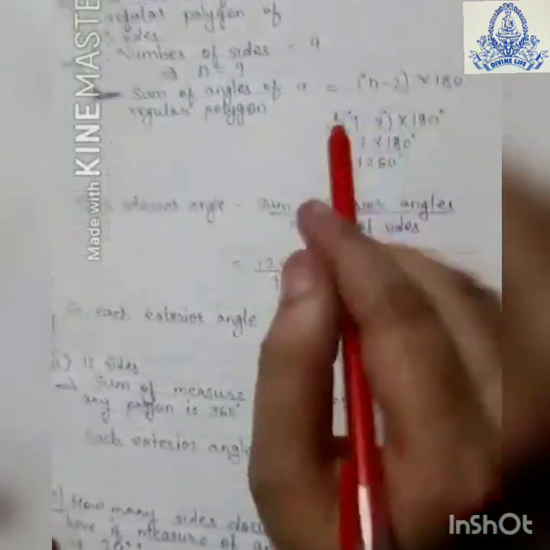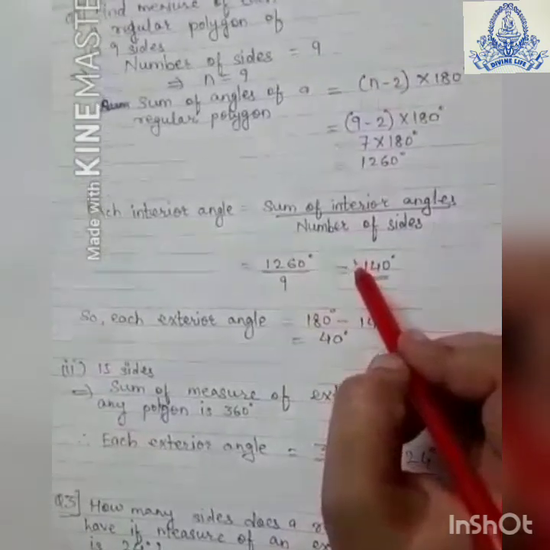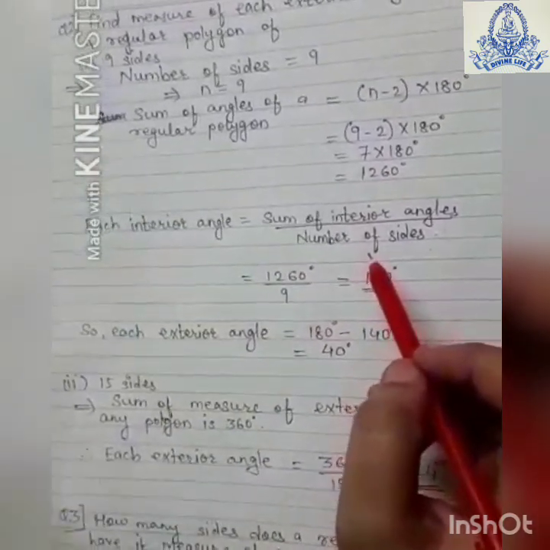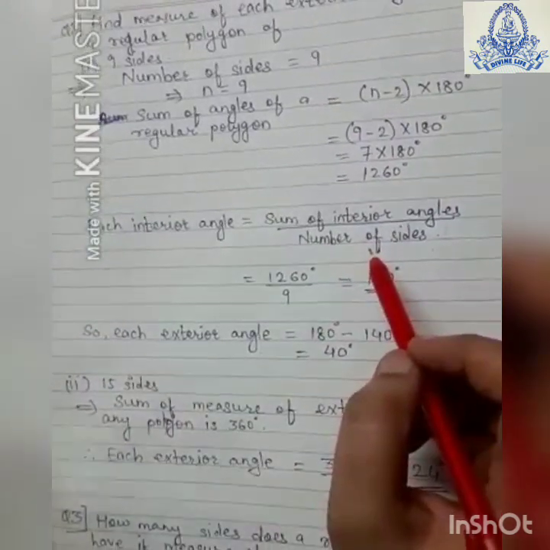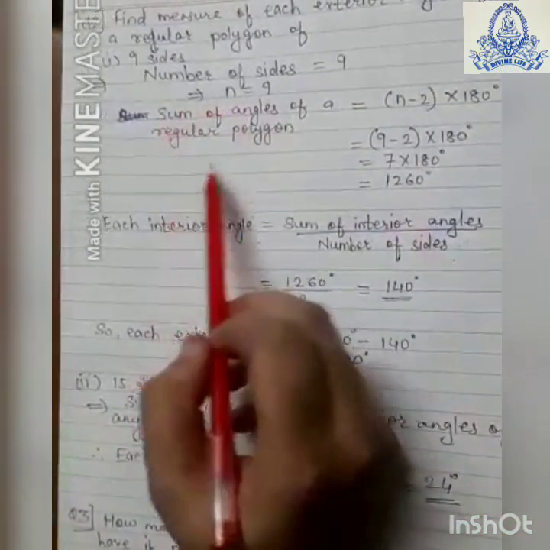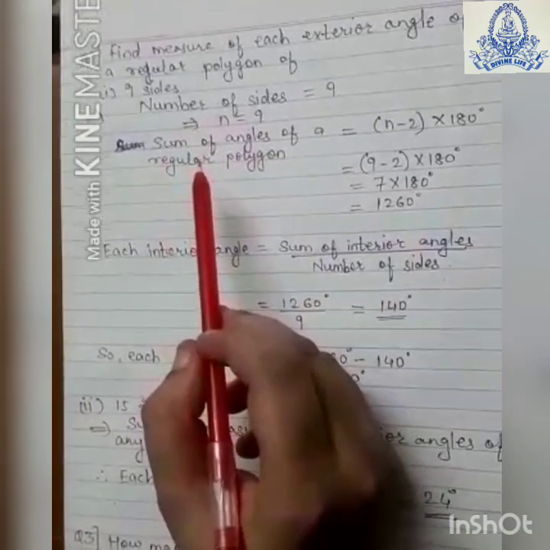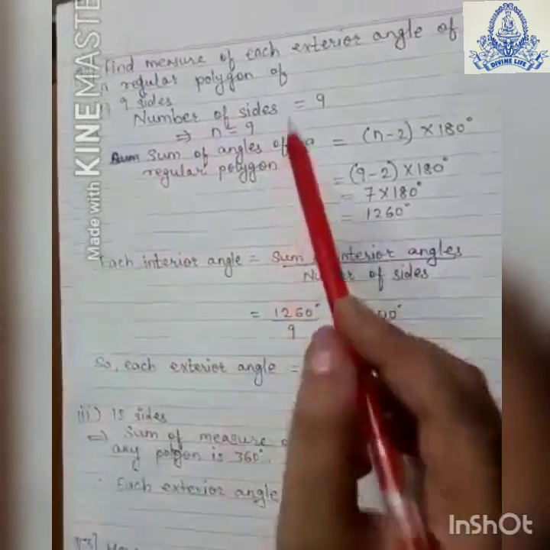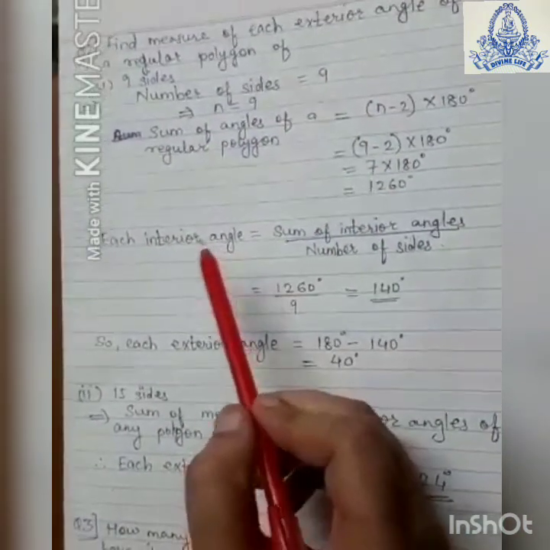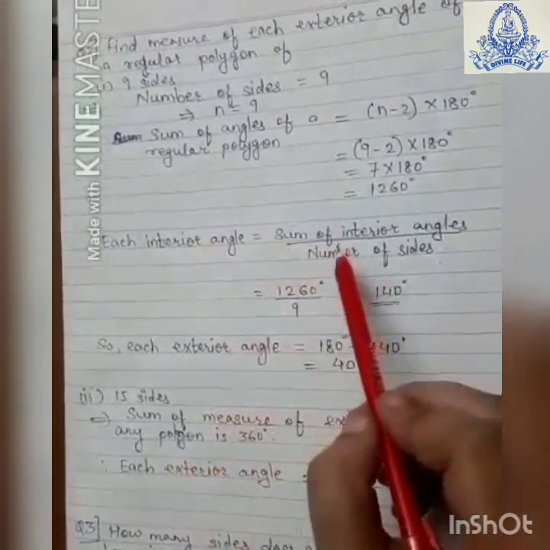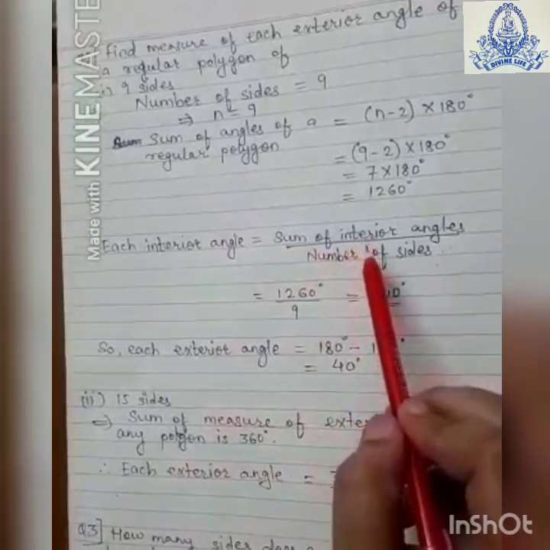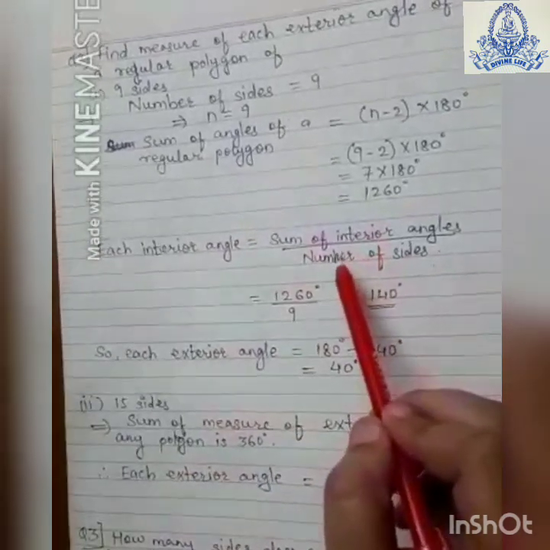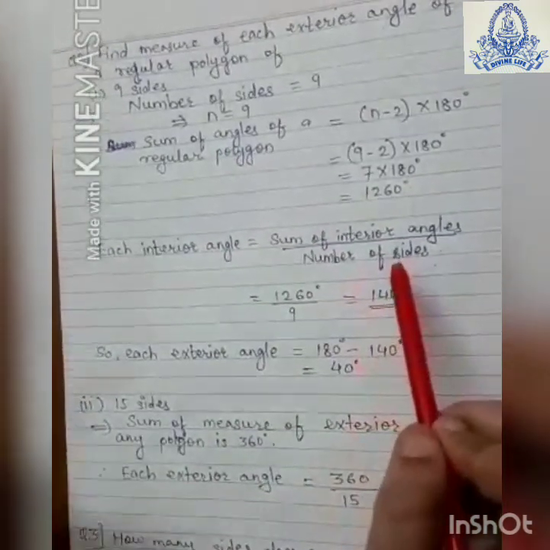Okay, so what is the formula for each interior angle? We have to find each exterior angle. First we have found the angle sum property for a 9-sided polygon. Now we will find each interior angle, which is equal to the sum of all interior angles upon the number of sides.